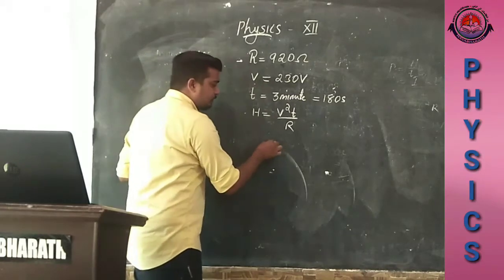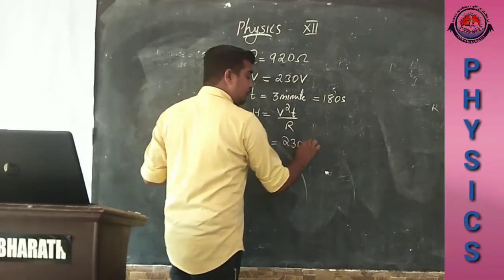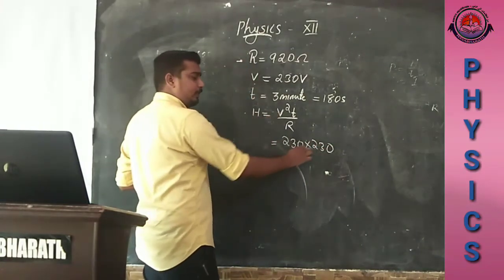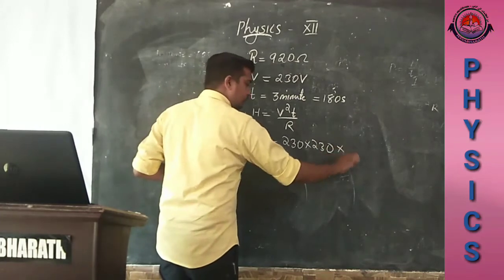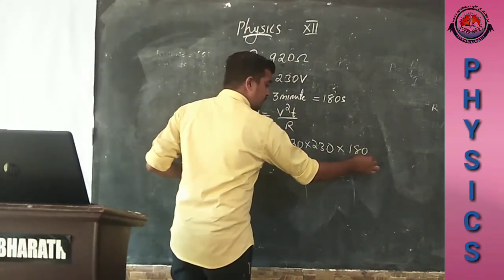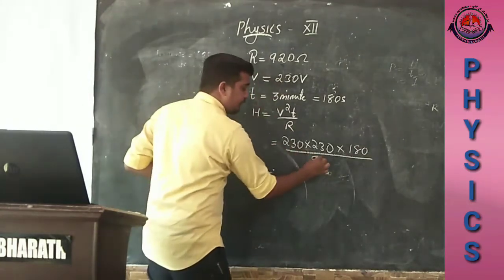Substituting the values, V square means 230 into 230, into what is time? 180, divided by what is the value of R? 920.